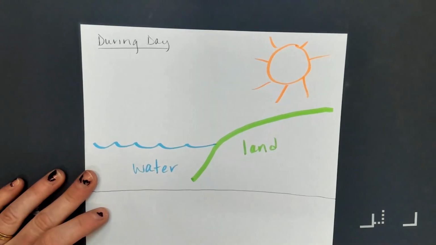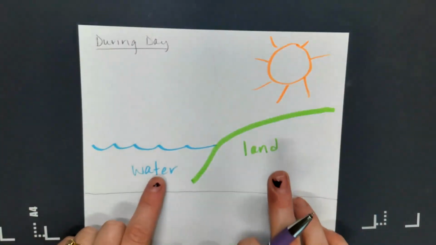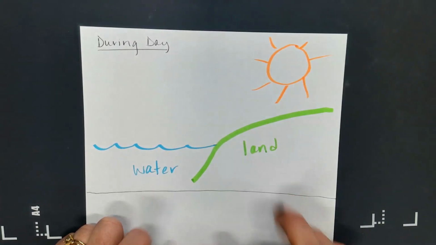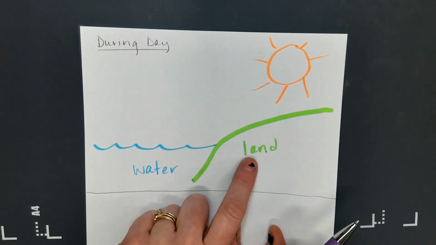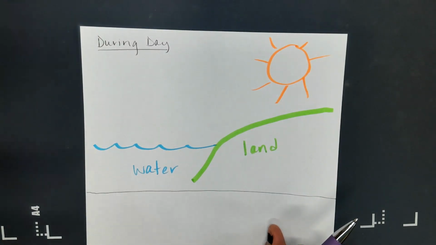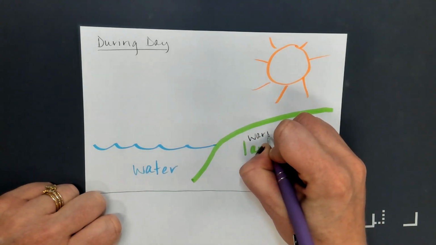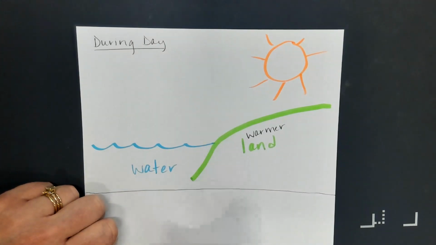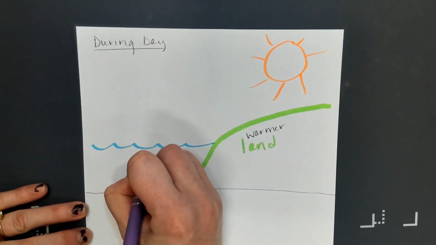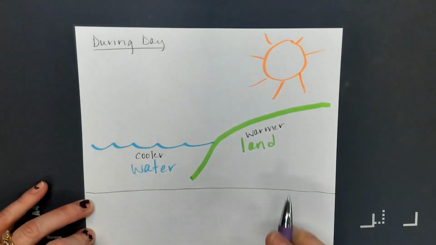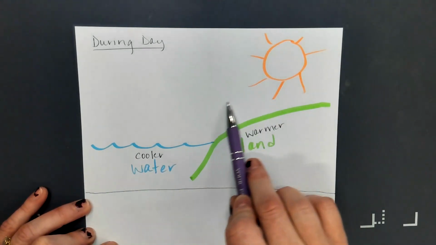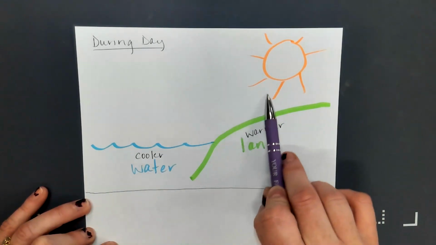Okay, so when it's daytime, who's warmer, land or water? Land, right? Because we learned in our lab that land gains heat faster than water does. So your land is going to be warmer, versus your water is going to be cooler. So warmer land, how is that going to affect the air above that land?